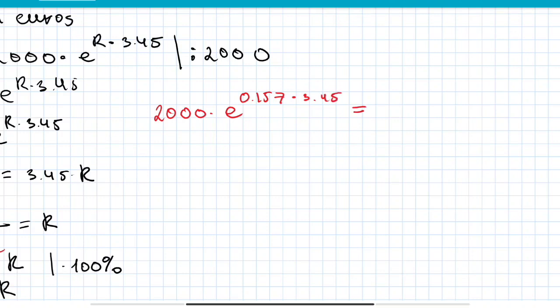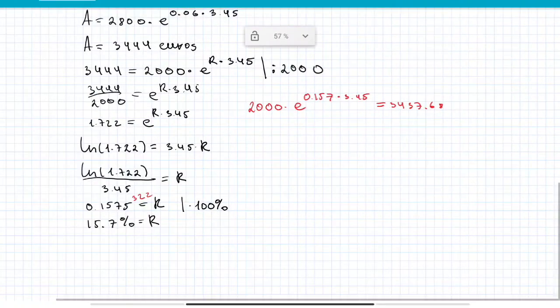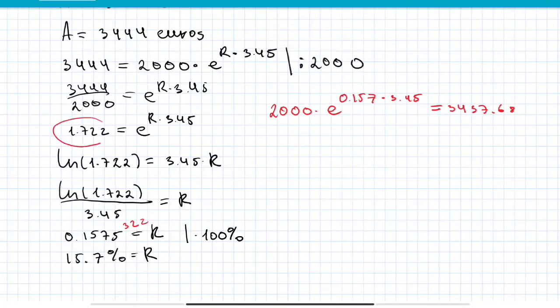If I calculate these values, it's going to be very close to 3.37, which is not as close as we wanted, but it's probably because I used these rounded values instead of the fraction.